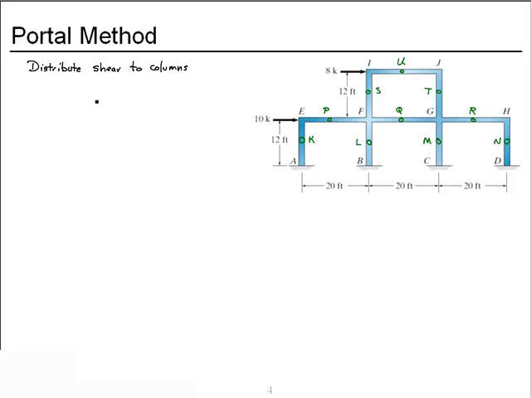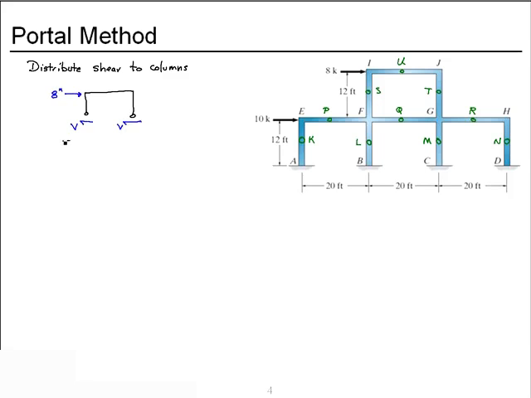I'll cut the top story at inflection points S and T, and I'll draw that free body. And since these are both exterior columns, they'll carry identical shear. The total horizontal load applied to this free body is 8 kips.